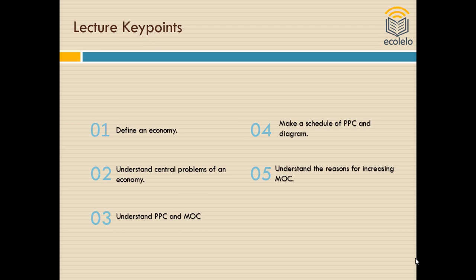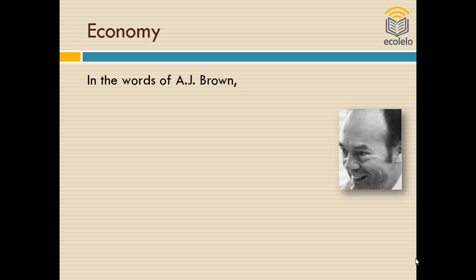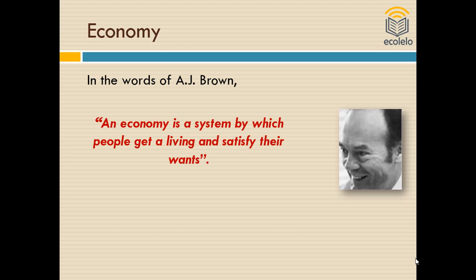Okay, so the first thing that we need to do is define an economy. Now, in the words of A.J. Brown, a very famous economist, and if you want, you can search it on Google, an economy is a system by which people get a living and satisfy their wants. So in an economy, people earn for a living, and why do they do so?